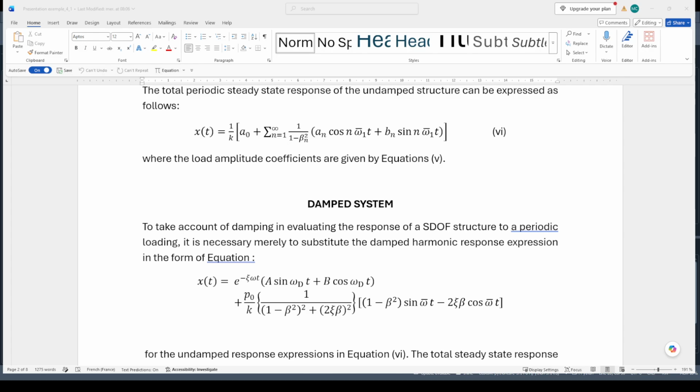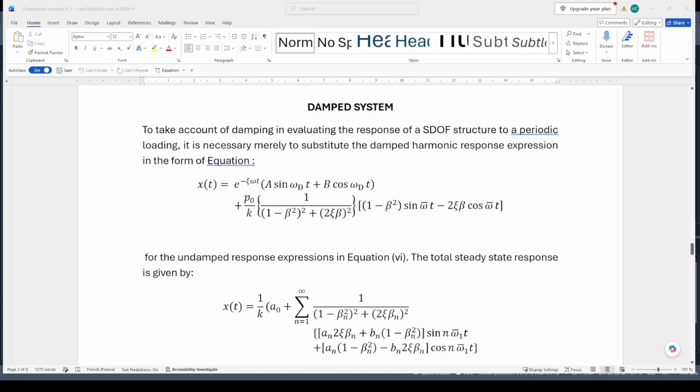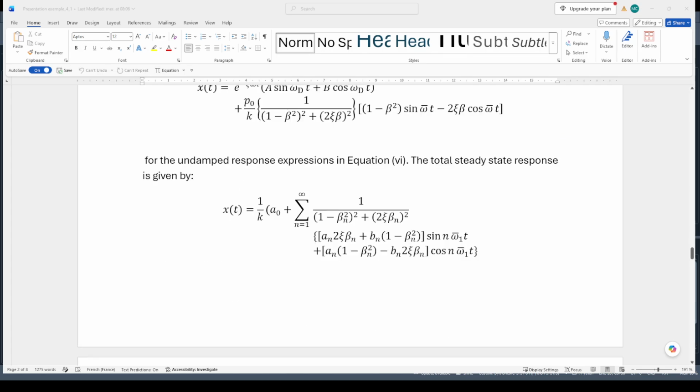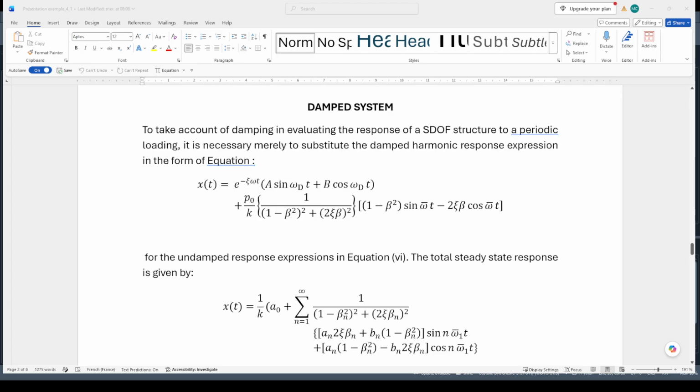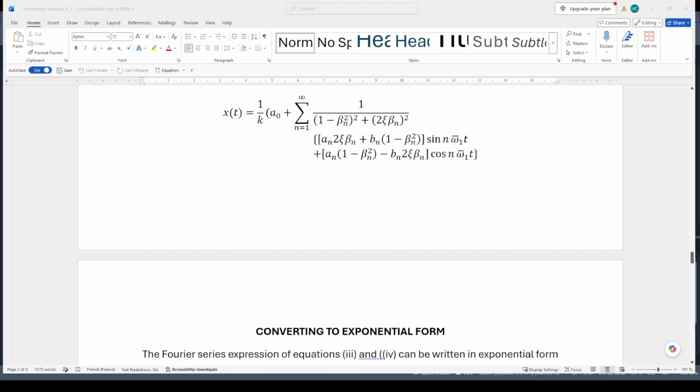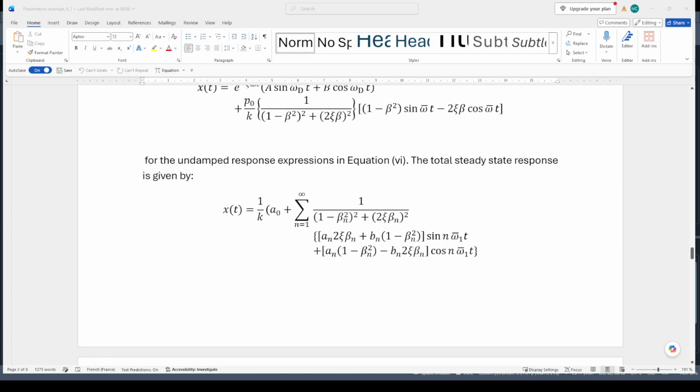We can write also the equation for the damped system. To take account of the damping in evaluating the response of an SDOF structure to a periodic loading, it's necessary merely to substitute the damped harmonic response expression in the form of equation. So x(t) is equal to these two terms. For the undamped response expression in equation 6, the total steady state response is given by this equation.